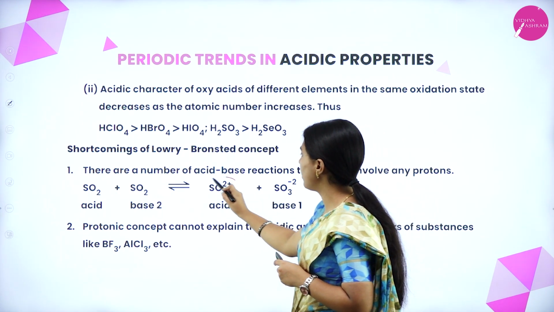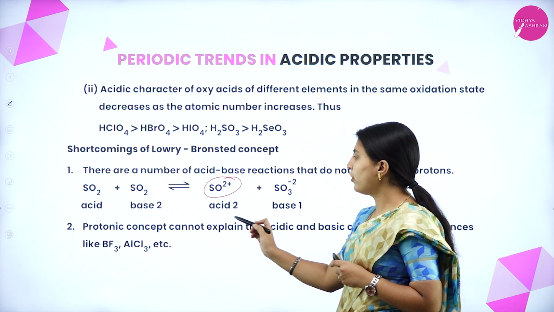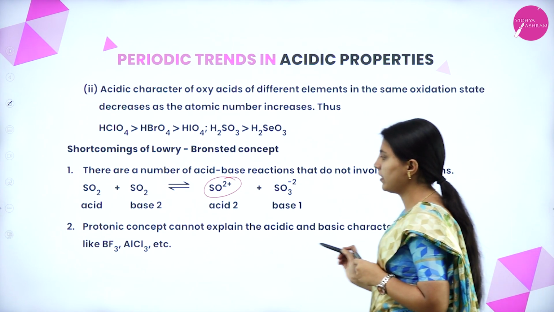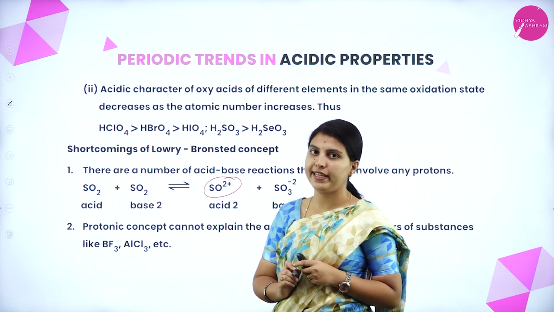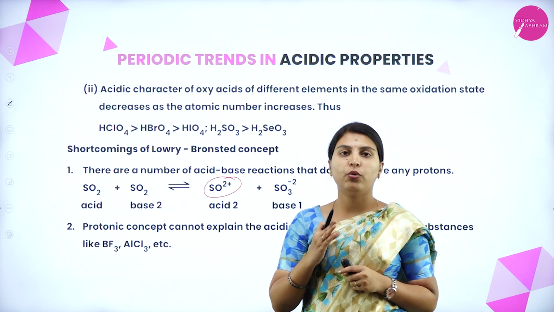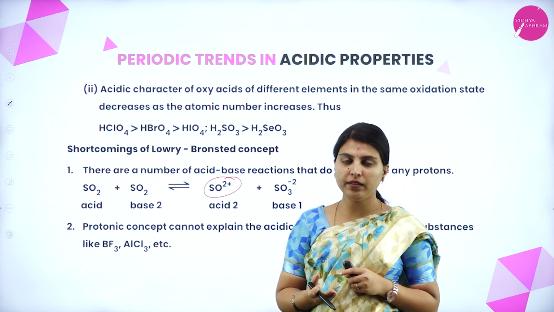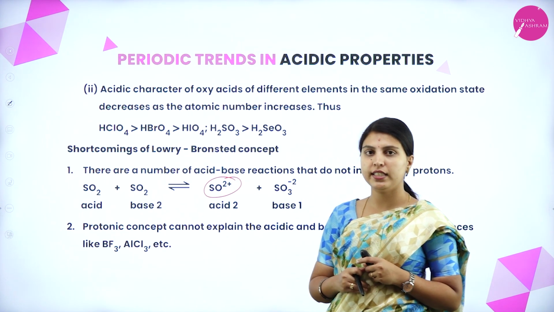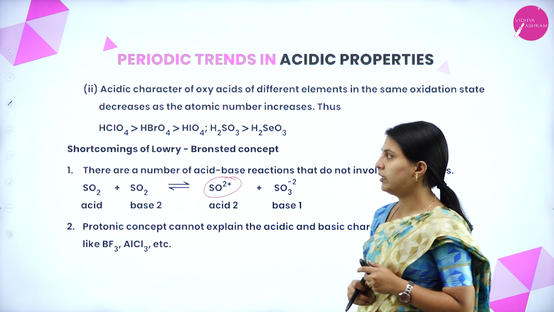Because of oxidation number we can judge. The protonic concept cannot explain the acidic and basic characters of substances like BF3 or AlCl3 etc. Here what we have to understand is that protonic character alone does not explain the acidic character; besides protonic character, acidity or basicity is also present.